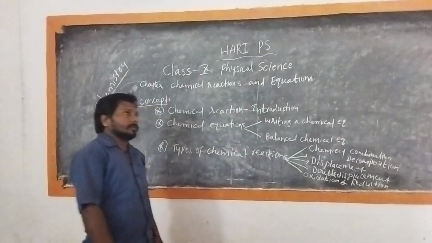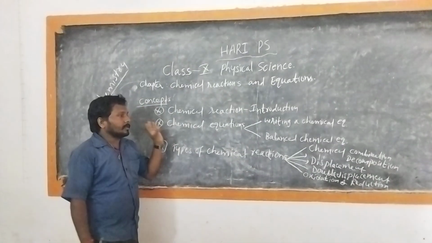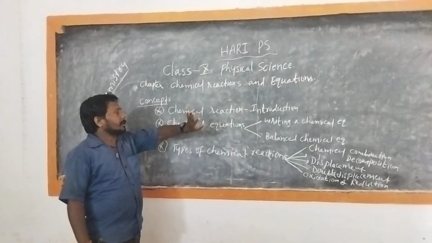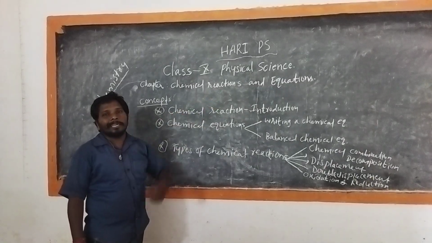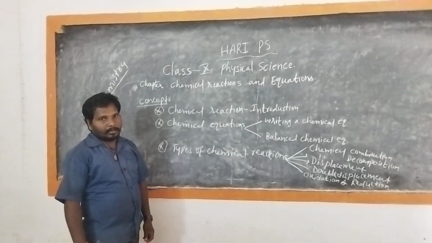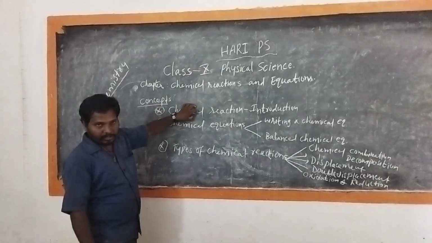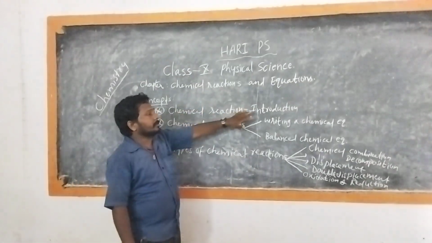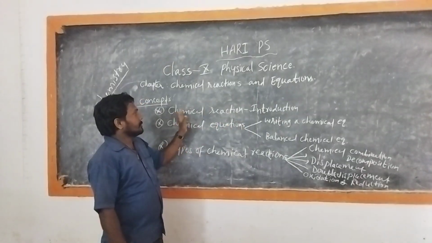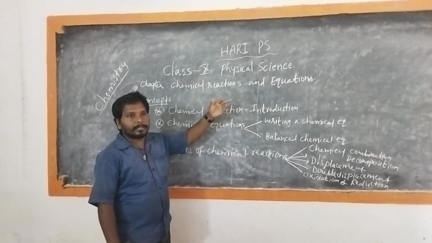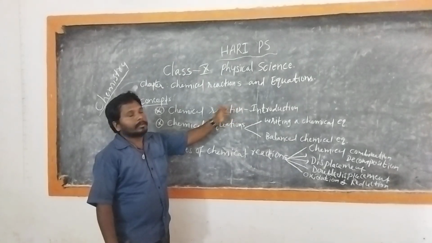So let us take the topics and concepts in this chapter, chemical reactions and equations. The first is, what is a chemical reaction? Let us take some introduction regarding the chemical reaction.